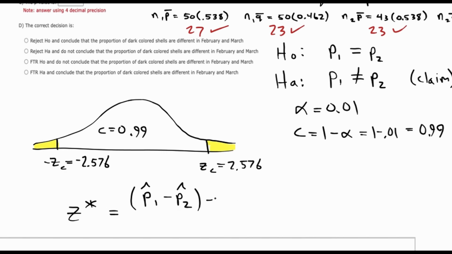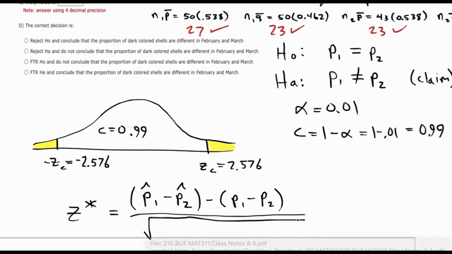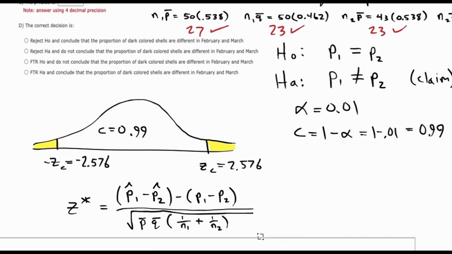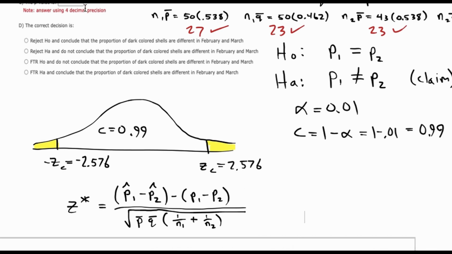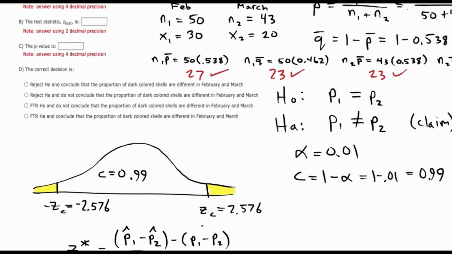That's the point estimate that they're asking about. We need P bar, Q bar, 1 over N1 plus 1 over N2. Okay, that's going to be our test statistic formula.